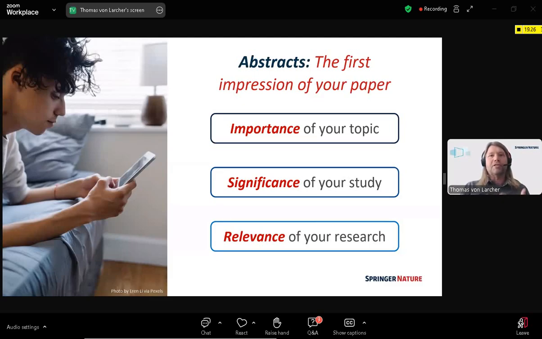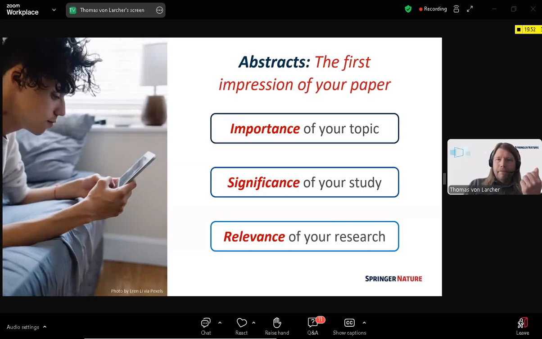So most researchers only skim through the abstracts of manuscripts. And in your abstract, you have to emphasize why your topic is important, right? Why is it significant, and for whom? Also describe the relevancy of your research.